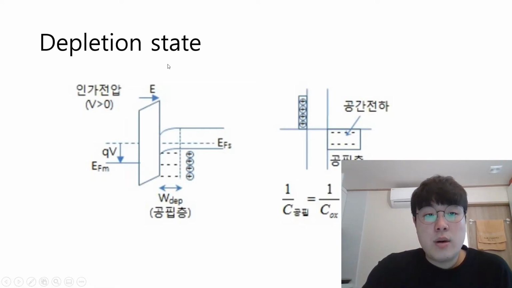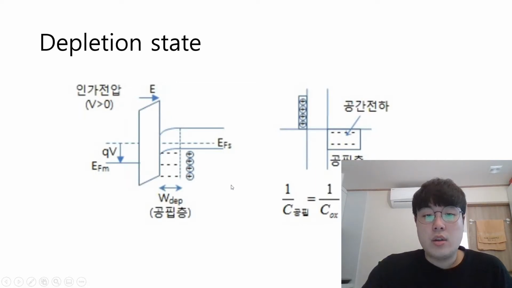And let's talk about the depletion state. When we apply a positive voltage at the gate, only the depletion layer remains near the oxide interface. So we can see that this depletion layer acts like an insulating layer.